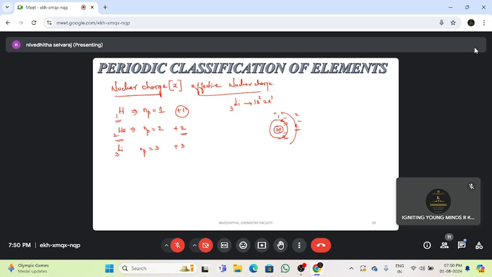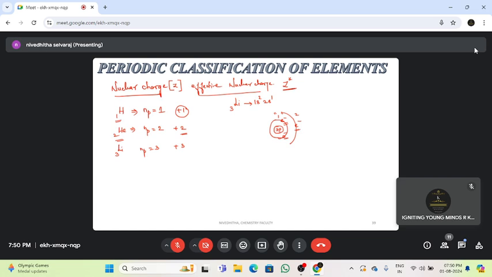So these 2 electrons will shield the nucleus. Now this second electron cannot experience all the nuclear charge of this particular nucleus. Why? Because this inner electron will shield the nucleus, right? So only a particular quantity of nuclear charge will be experienced by this second electron. So that is called effective nuclear charge.